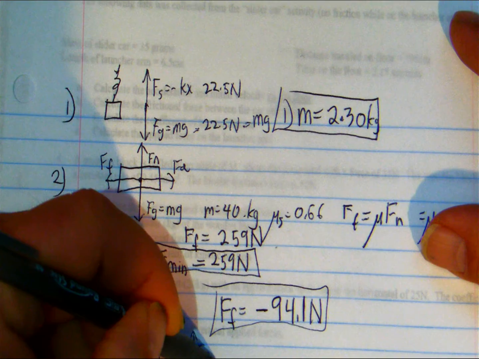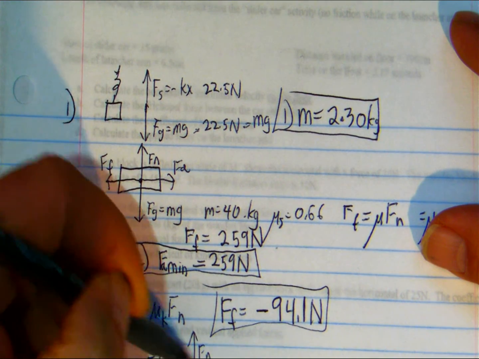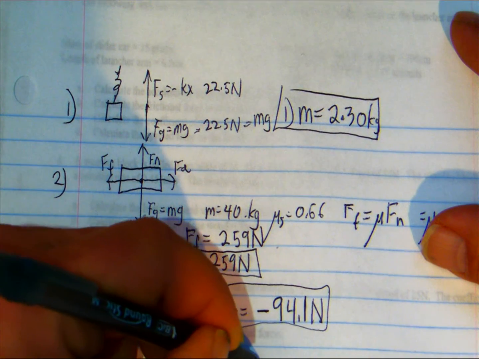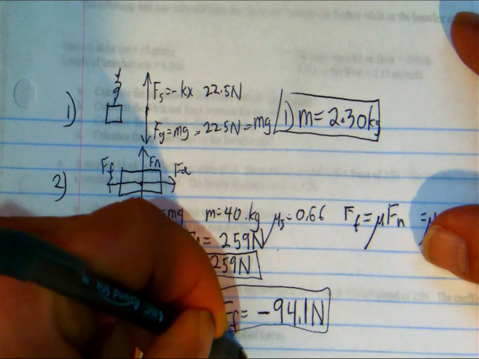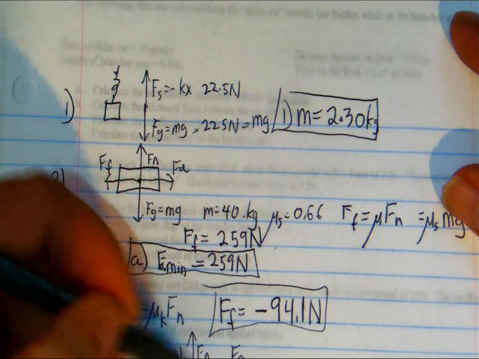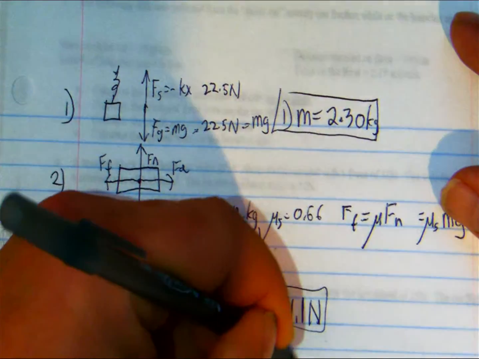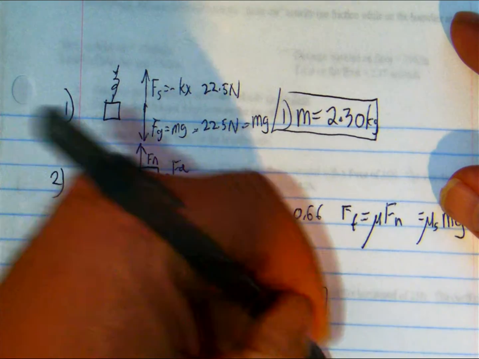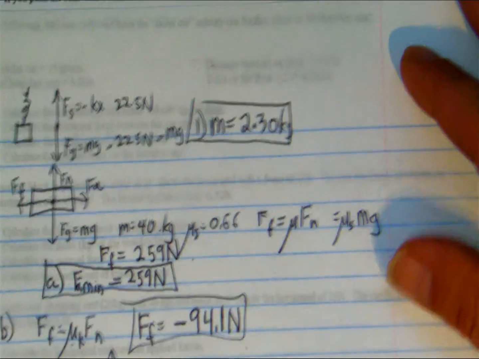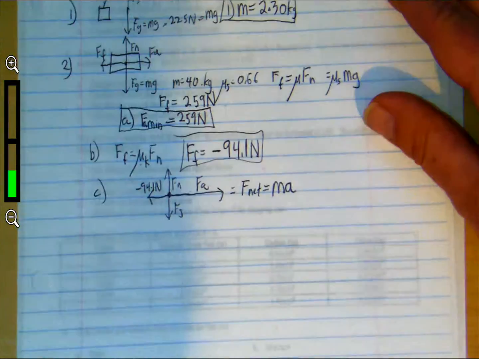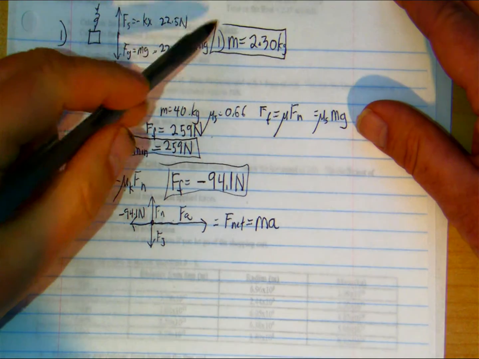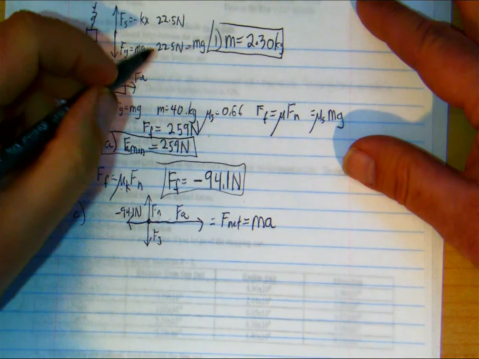The applied force would have to be at least 94.1 newtons just to make this thing move at a constant velocity. But it has to also accelerate. So the applied force has to be greater than 94.1 newtons, such that when these two are added together, the net force is equal to the mass of the sofa times the acceleration of the sofa. In part C, the acceleration of the sofa is 0.65 meters per second squared.